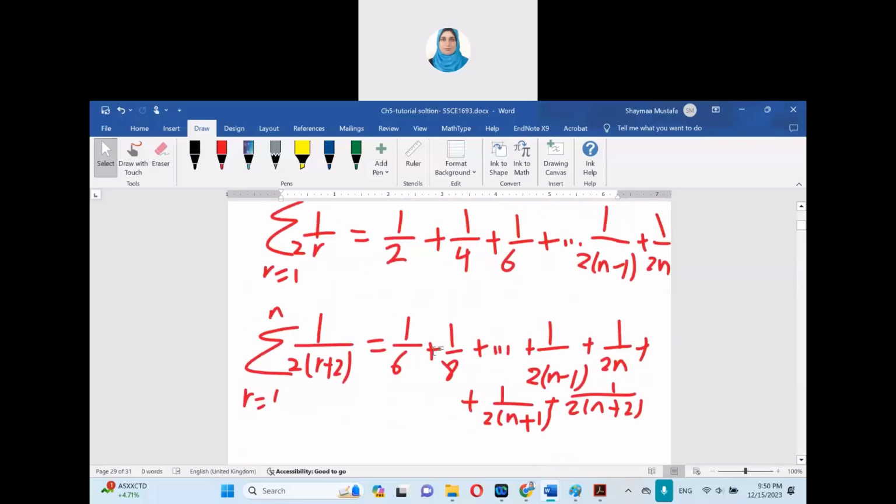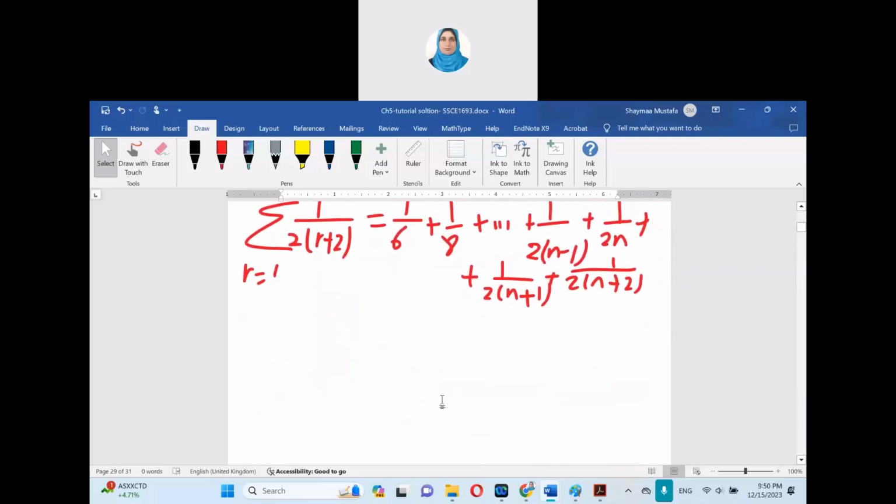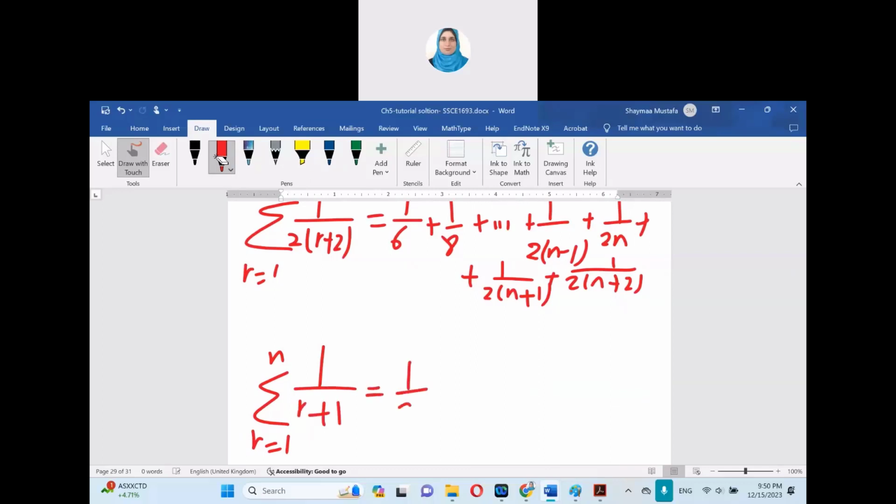These are the positive terms. If we add these together, the last series, 1 over r+1, will give you 1 over 2 plus 1 over 3 plus 1 over 4, until you have 1 over n, 1 over n+1.